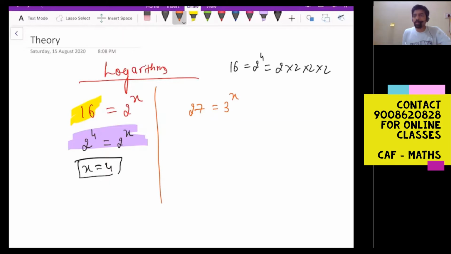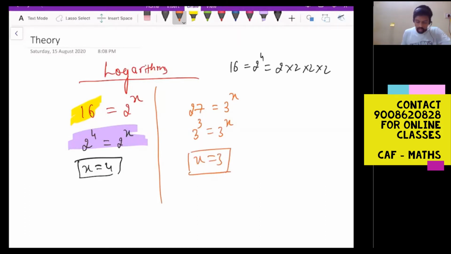Express 27 in exponential form. 27 can be written as 3 to the power 3, right? 3 into 3 into 3 is 27. So 3 to the power 3 equals 3 to the power x. Now when the bases are the same, the exponents have to be the same, correct? So the value of x will be 3.